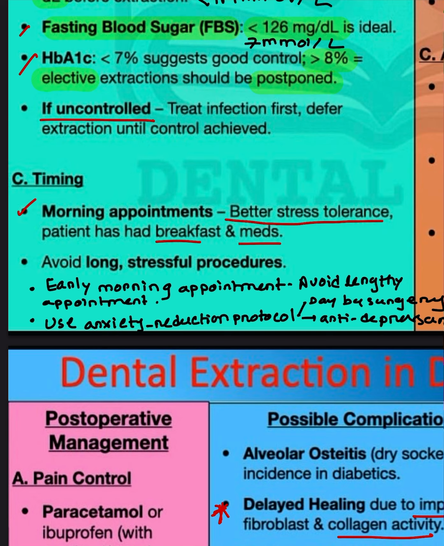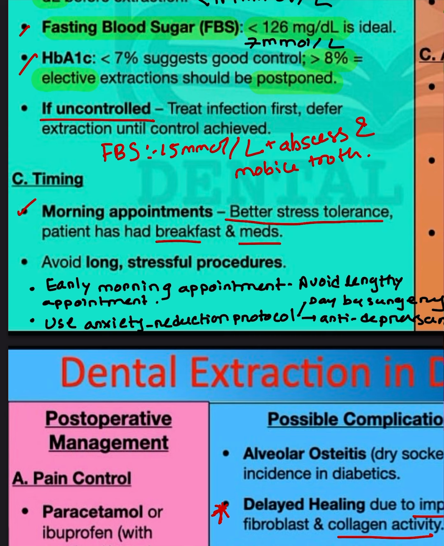And suppose the patient has come with a fasting blood sugar of 15 mmol per liter, and he has an abscess and a mobile tooth.